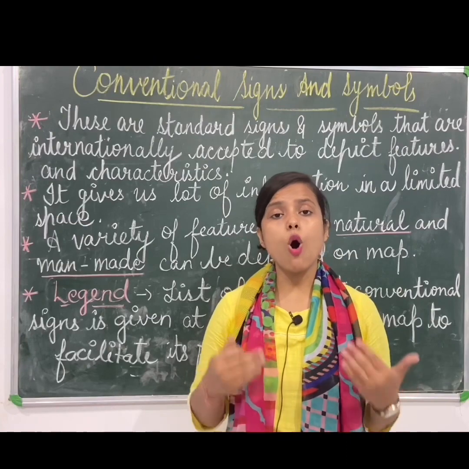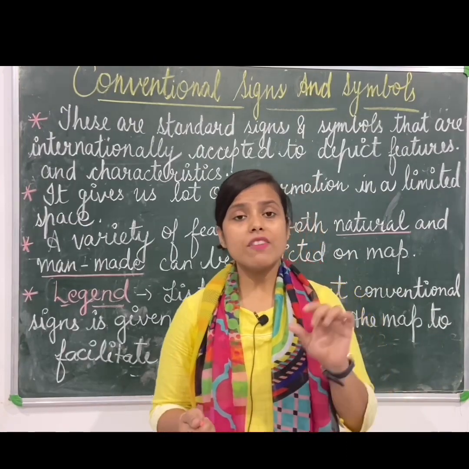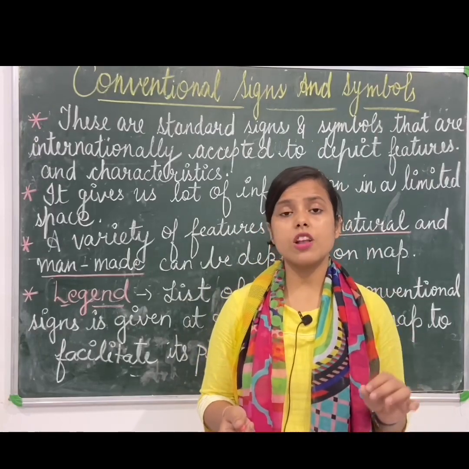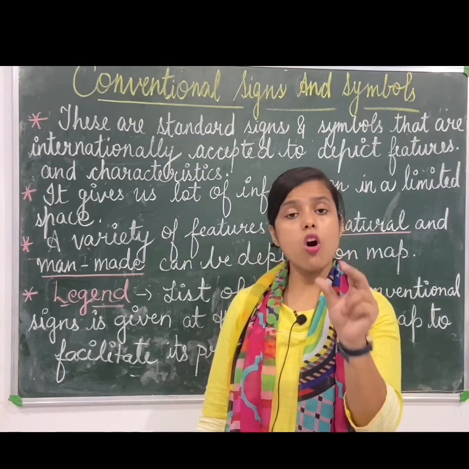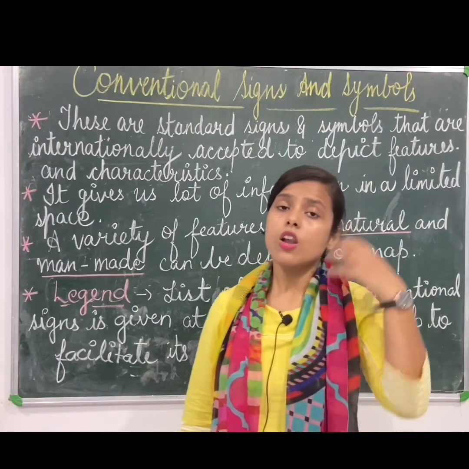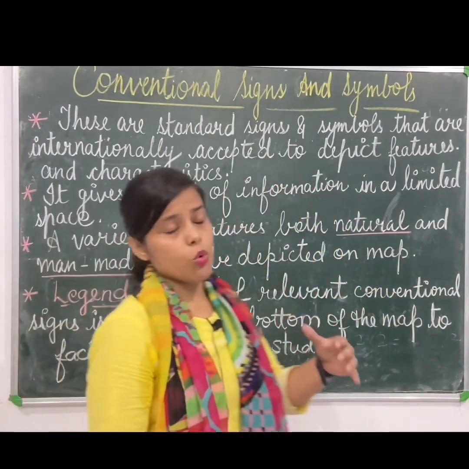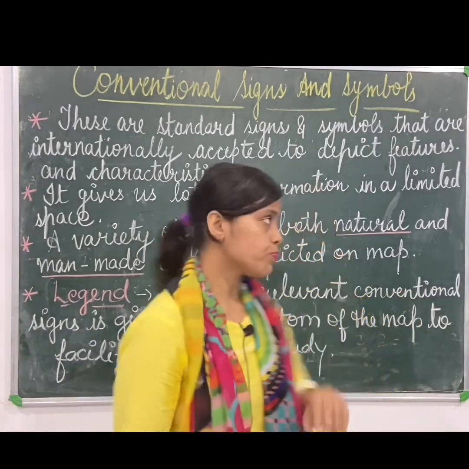You have to give all the correct information to the user of the map. The information will be in detail also, and you are using very small signs and symbols to give a lot of information in a concise manner. Concise means when you want to say so many things in a few simple words.